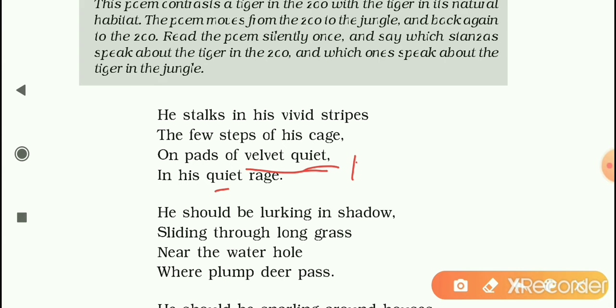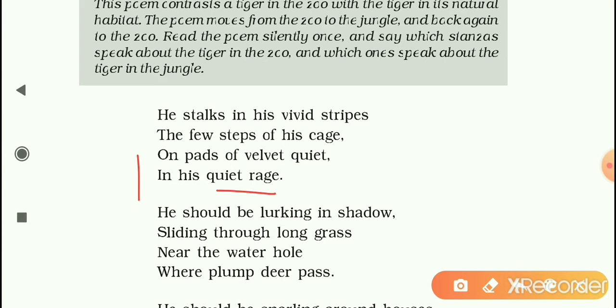But the second thing, quiet rage, this is quite an oxymoron. Two different emotions are seen together. Rage, anger is not supposed to be quiet. But why then the tiger, though he is obviously angry because he is put in a cage, is still keeping his anger quiet?